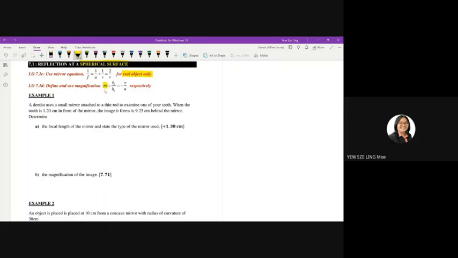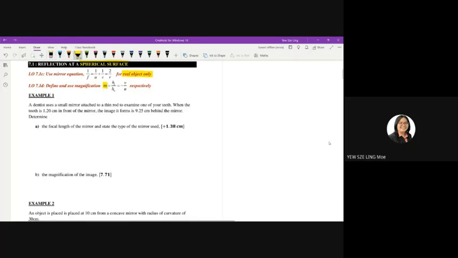The sign convention will tell you whether the image is real or virtual, whether it is upright or inverted, and whether the image formed is the same size as the object, magnified or diminished. All this information can be obtained by just looking at m.